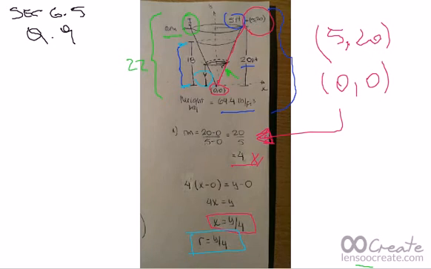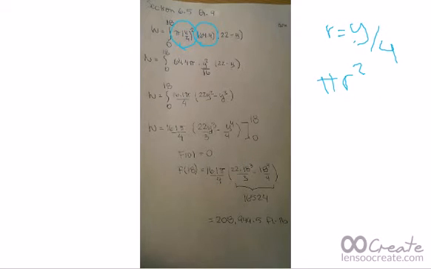For the height, based on what they're asking us, the new height is going to be this 22, not the 20 anymore. And then we are subtracting this y. That's how we got this part over here.